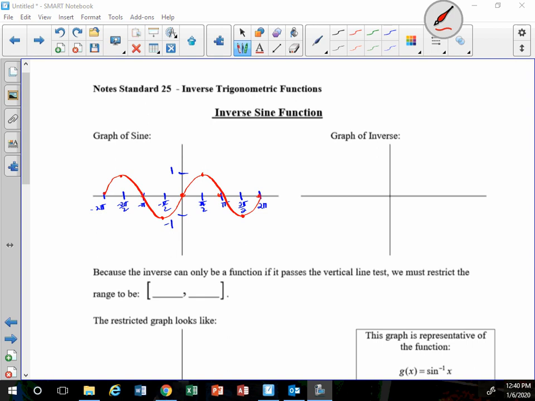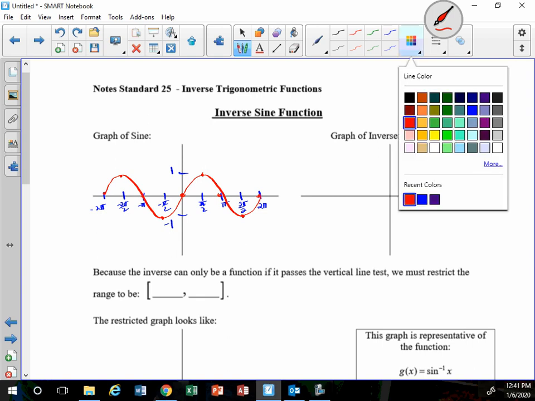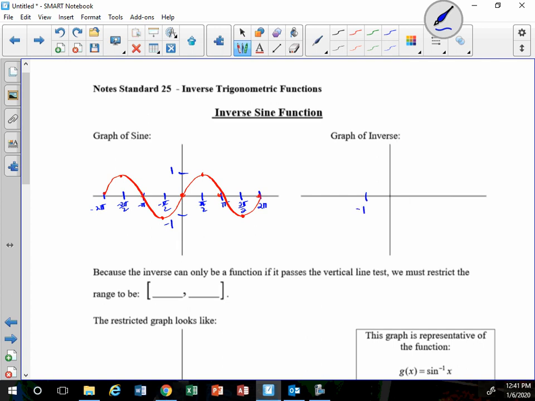X and Y are swapped. Good. That's what happens with inverses. So think about labeling your X and Y axis. I should swap those, right? So the -1 to 1, instead of being on the y-axis, is now going to be on the x-axis.